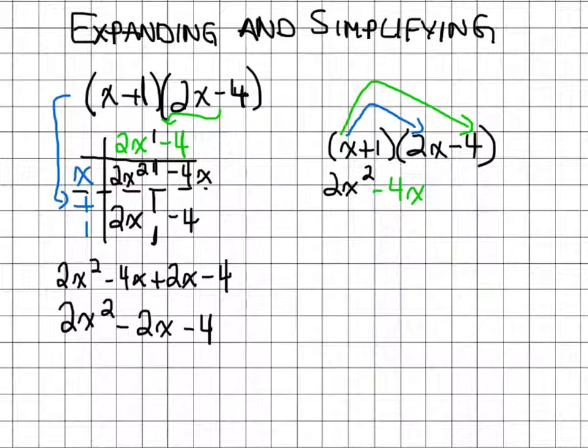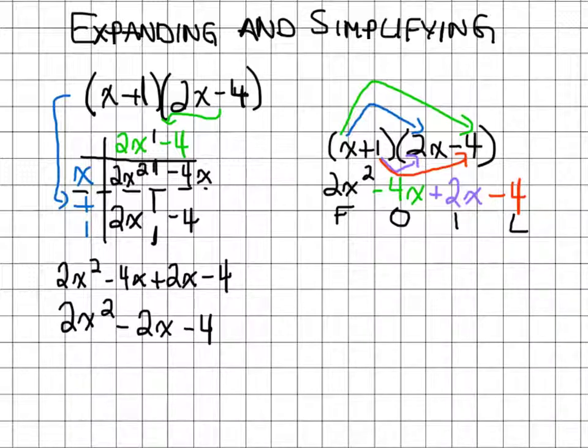Then I take the inside two and I multiply those together, so that's plus 2x. And then I take the last terms and I multiply those together, which is minus 4. So that's why it is known as FOIL: first, outside, inside, last.